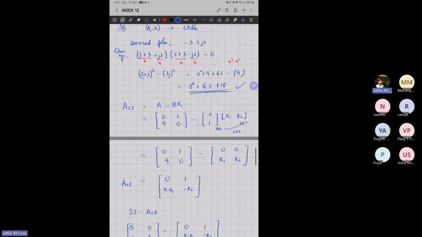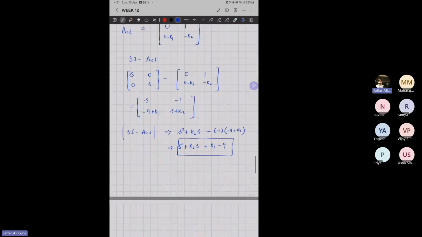And my desired was S square plus 6S plus 18, right? So this is my desired. So just compare the coefficients. Comparing coefficients, what do I get?